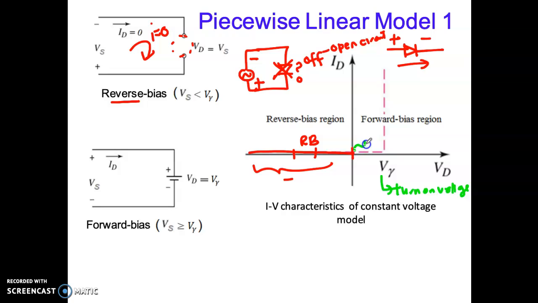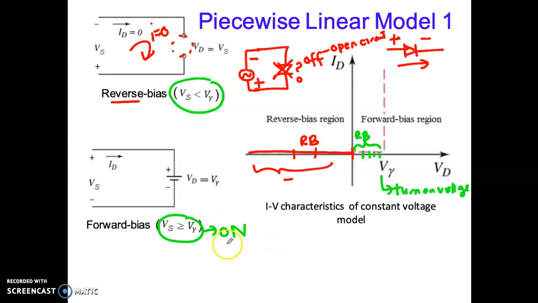If the voltage is still less than V gamma, the diode will still be off, the current will be 0, and it is still reverse bias. That's why the condition at reverse bias is not only less than 0, it must be less than V gamma. Let's see what happens when your Vs becomes more than V gamma, meaning it overcomes the turn on voltage. Your diode will be on.